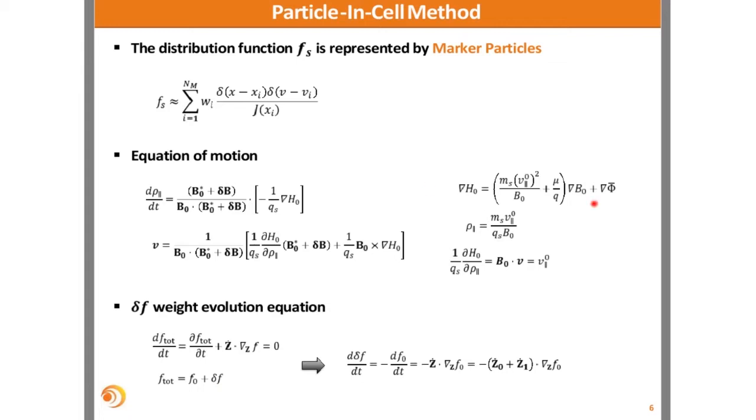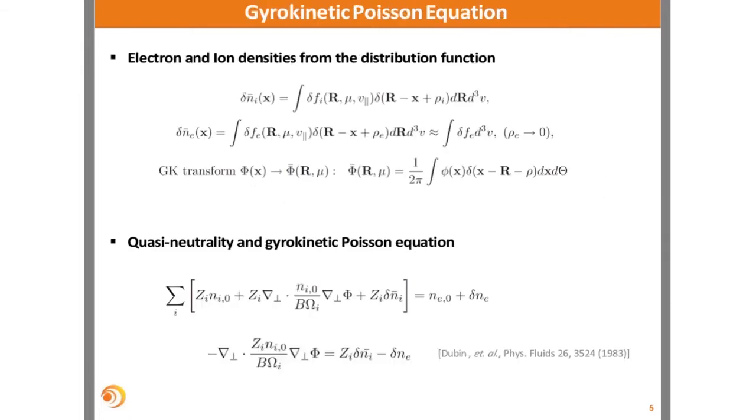To evolve this distribution function self-consistently, we need to update our electric field with time. So we evolve the plasma potential, and we also solve a Poisson equation, but it has a different form from the traditional one.